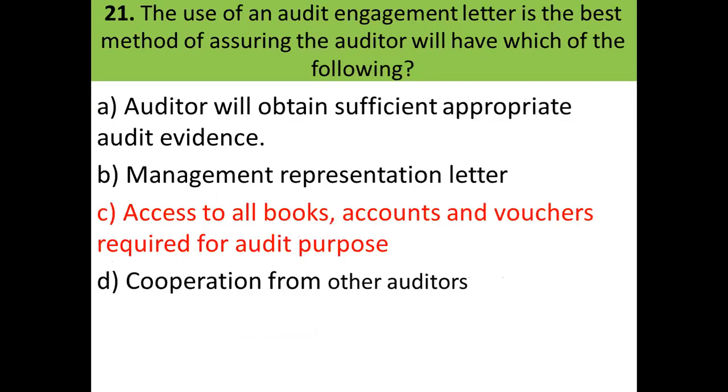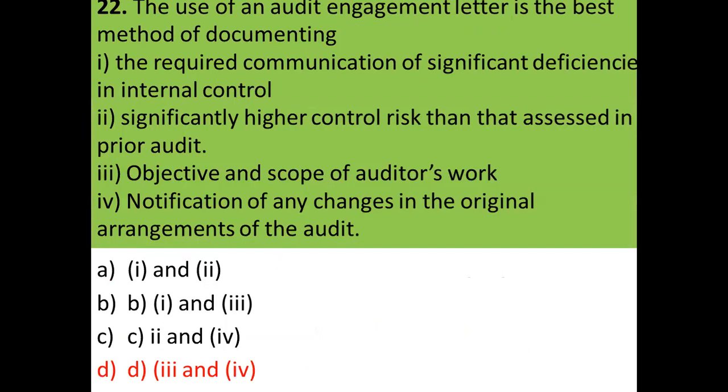Next question. The use of an audit engagement letter is the best method of assuring the auditors have which of the following? First, access to all books, accounts, and vouchers required for audit purposes. Second, documenting required communications of significant deficiencies in internal control.